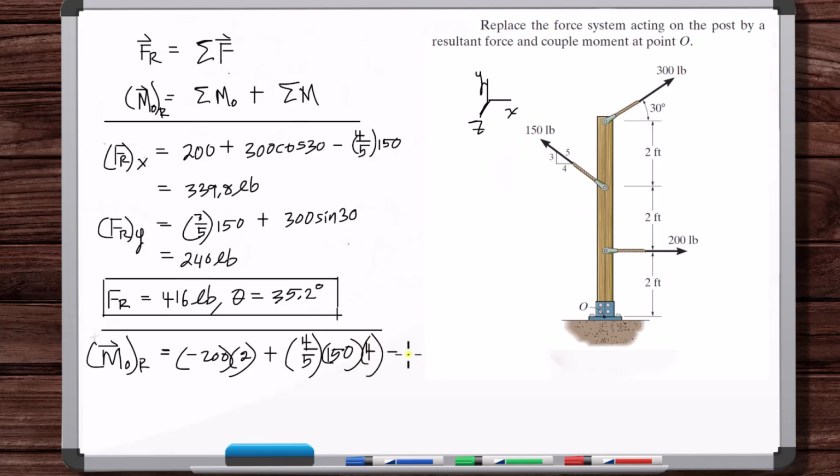And then this is going to be a negative moment. You've got 300 cosine 30, and then times 6. And then that's it. There are no other moments. The Y components here don't have any moment about point O.